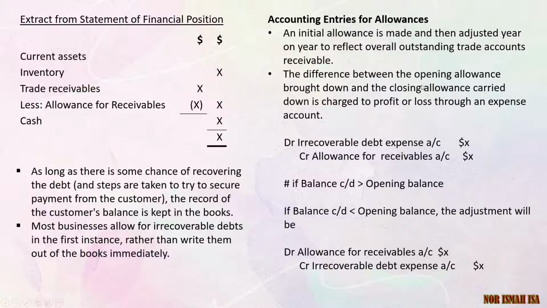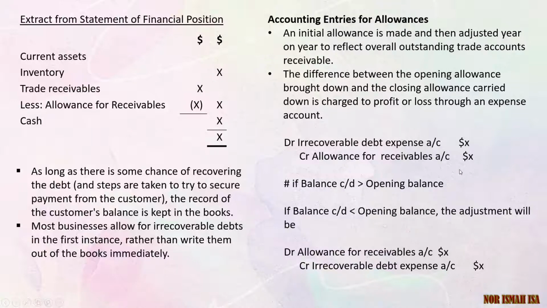So the accounting entry for the initial allowance for receivable, after doing the estimate, is just the amount being debited to irrecoverable debt expenses and credited to allowance for receivable.